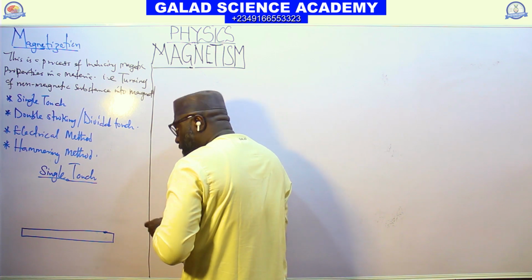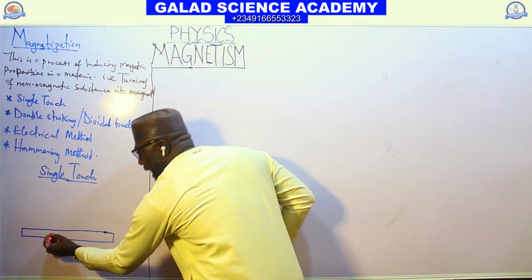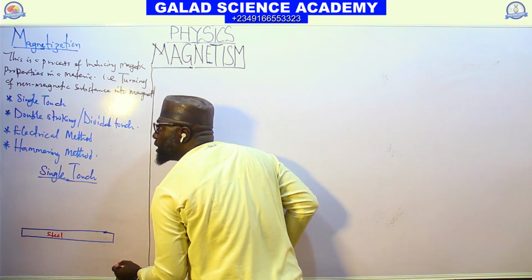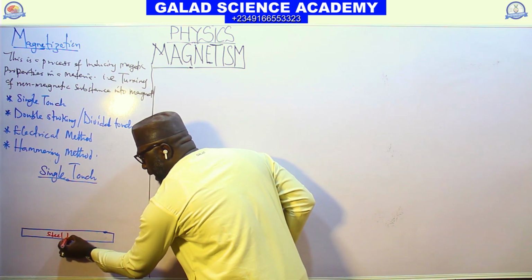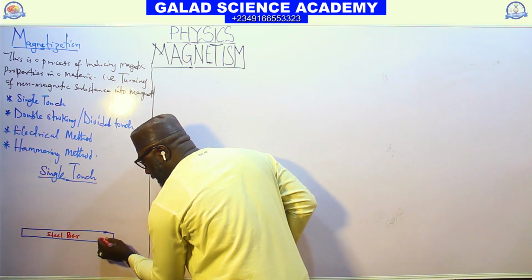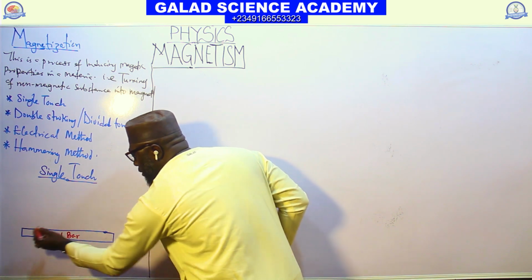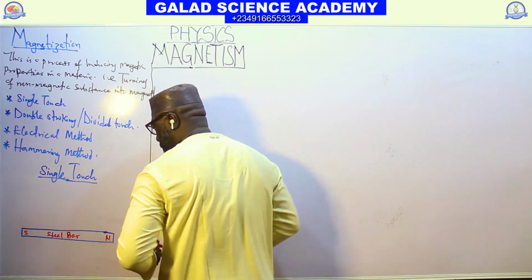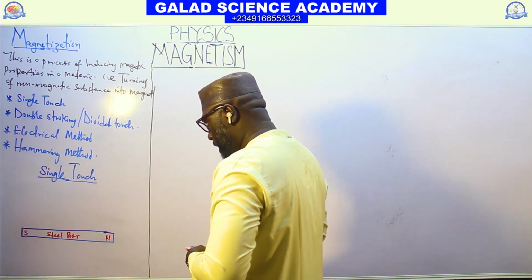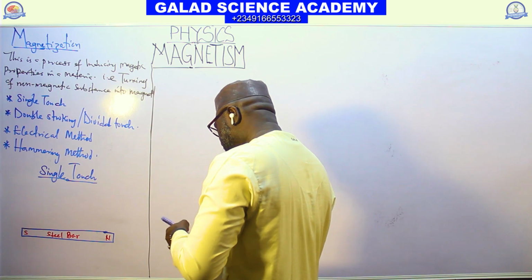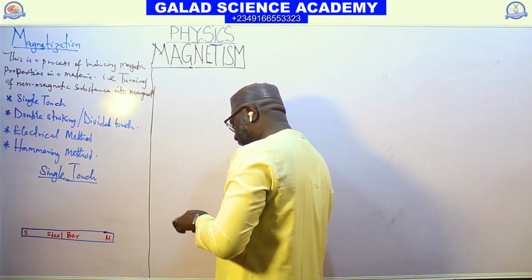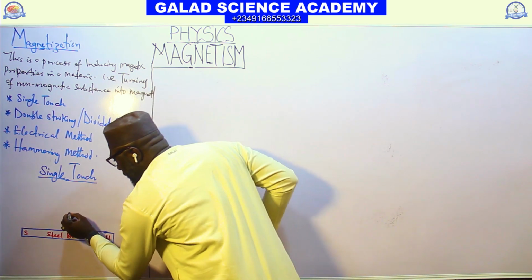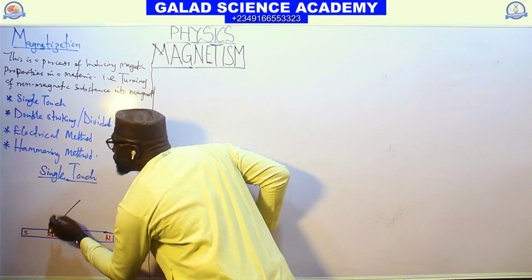Let me call this one the C bar. Here we have the South Pole, and here we have the North Pole. If I now place a bar magnet on top of it, this is the bar magnet.